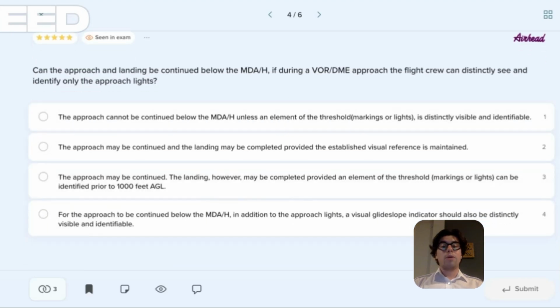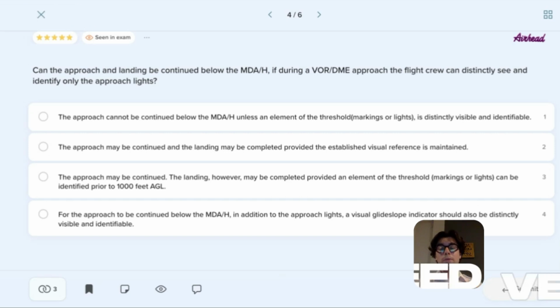Can the approach and landing be continued below the minimum descent altitude if, during the VOR DME approach, the pilot can distinctly see and identify the approach lights? Yes, the approach lights are considered adequate visual aids when commencing an approach in order to continue the approach.